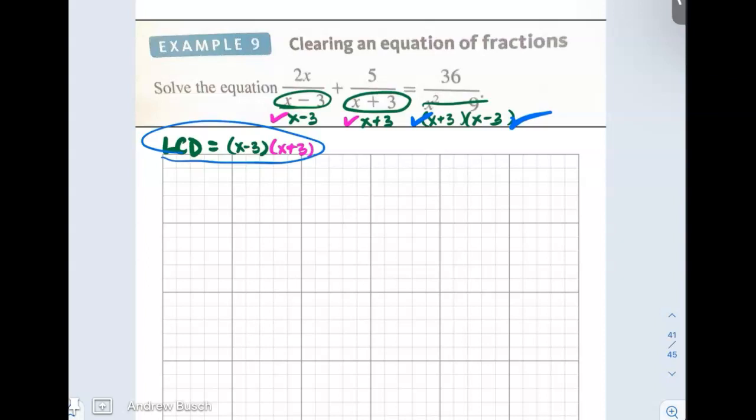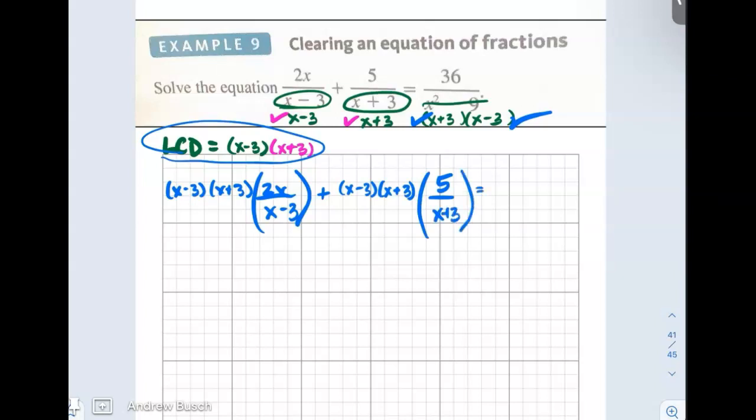So let's rewrite it. I'm multiplying everything in the equation by this LCD. So we've got the LCD times 2x over x minus 3, the first fraction. Then we've got the LCD times the second fraction.